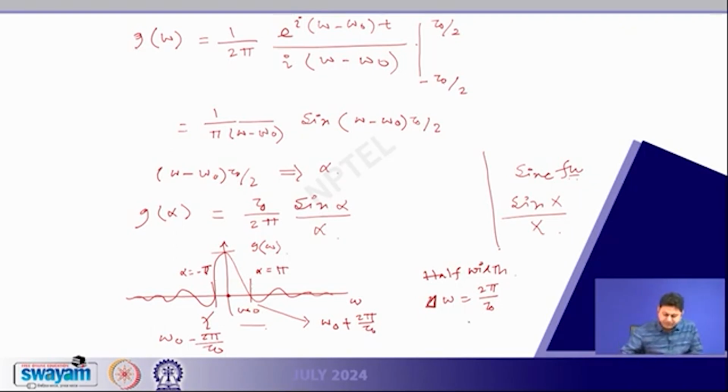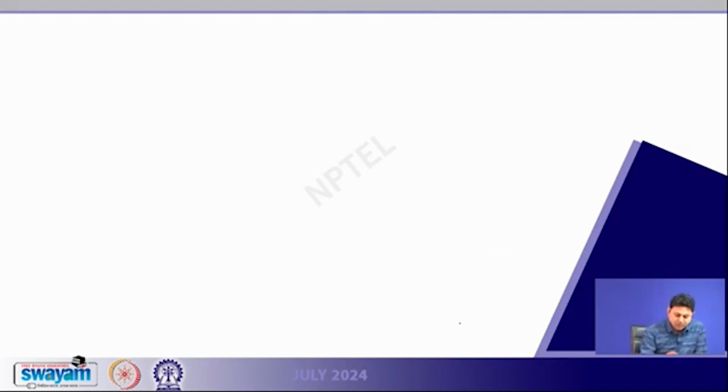So let me now tally one by one. For an infinite wave, an infinitely extended wave, we have a frequency distribution. This is in the time domain.